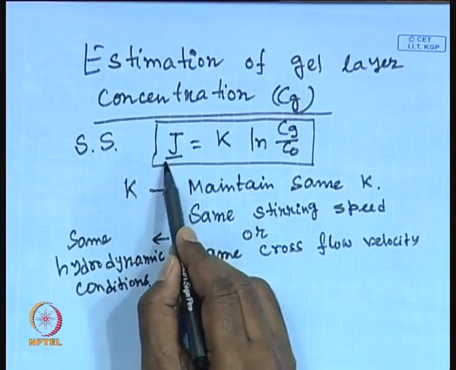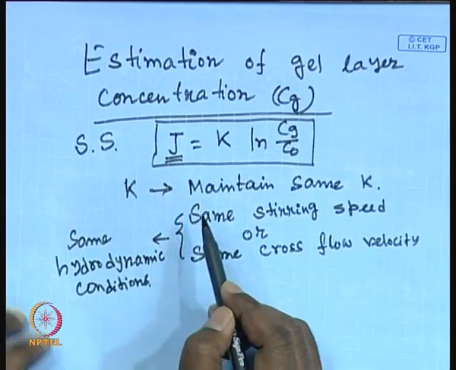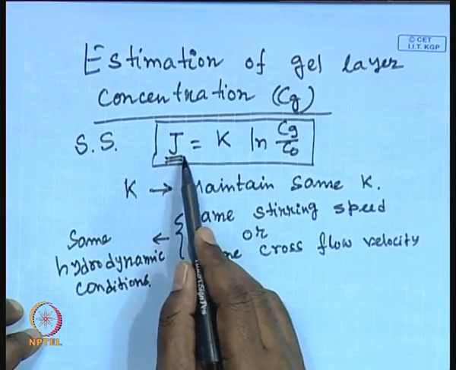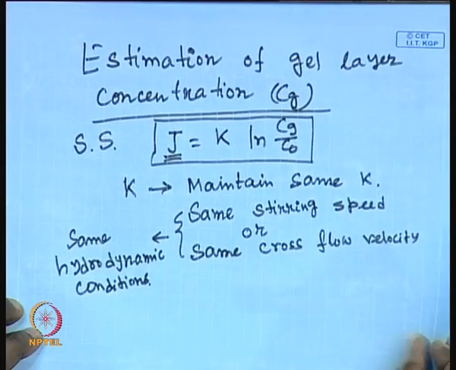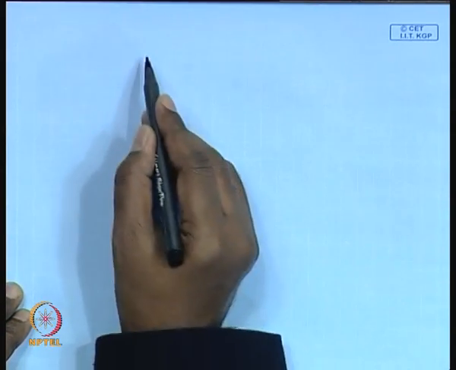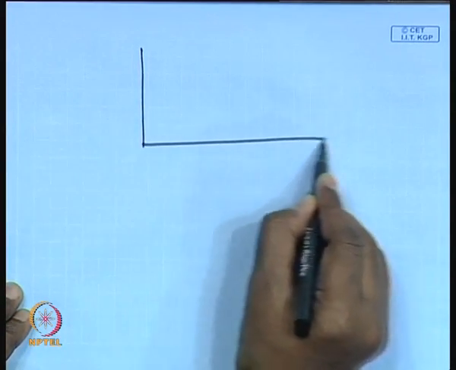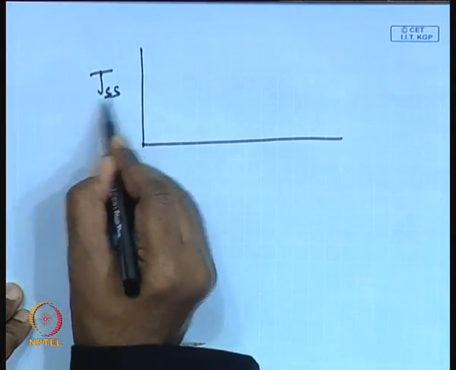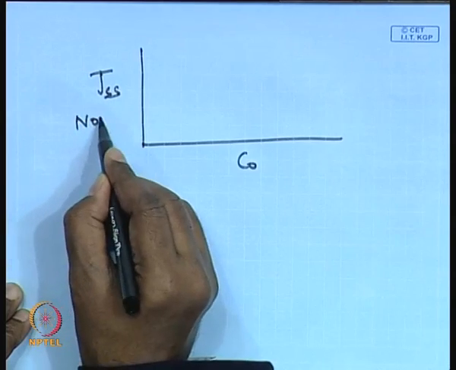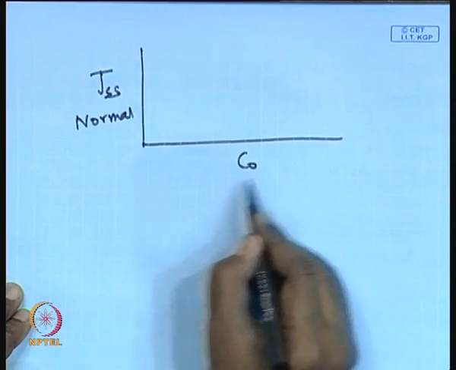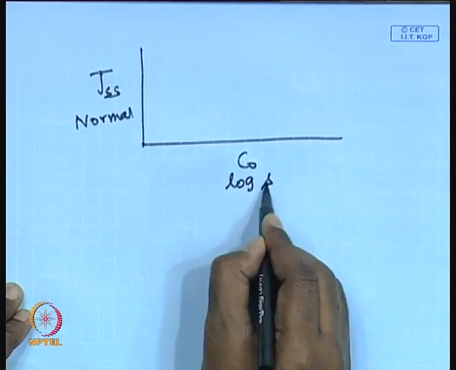Once the steady state is reached, we measure the steady state permeate flux. Okay. Now, we plot the steady state permeate flux versus feed concentration in a semi-log plot. J steady state versus concentration. This will be the normal scale, this will be the logarithmic scale.